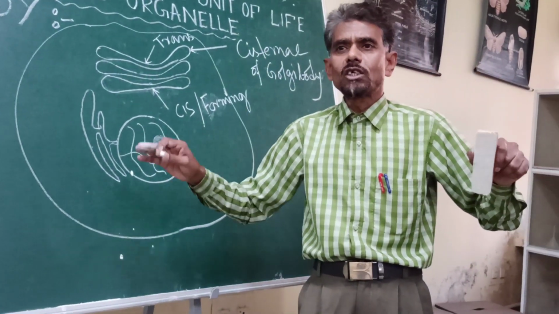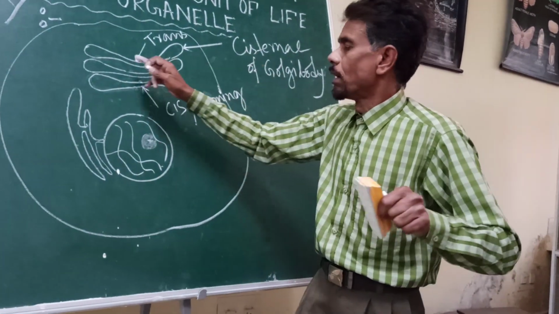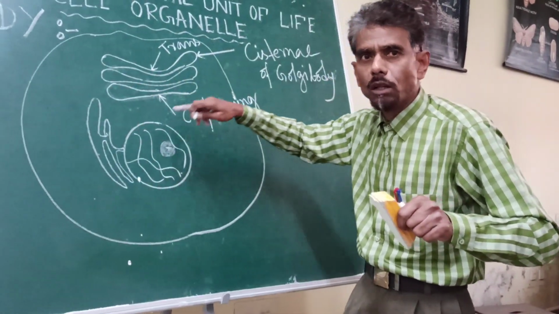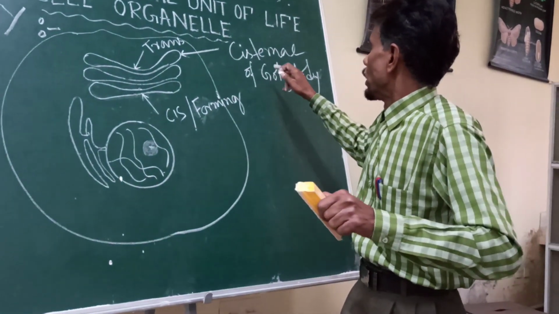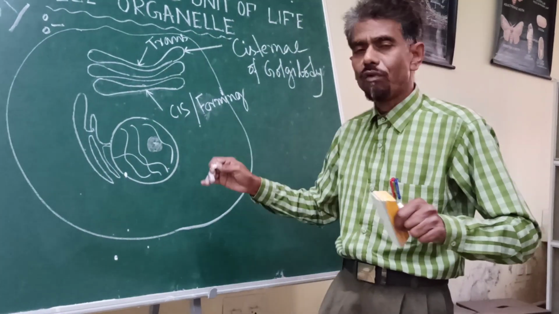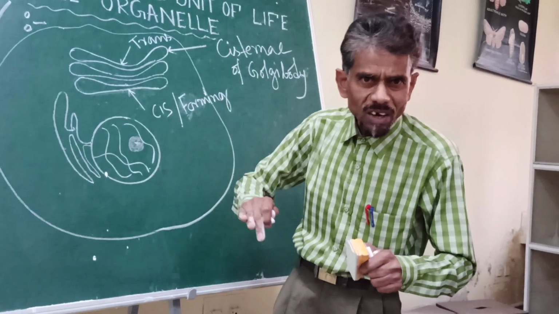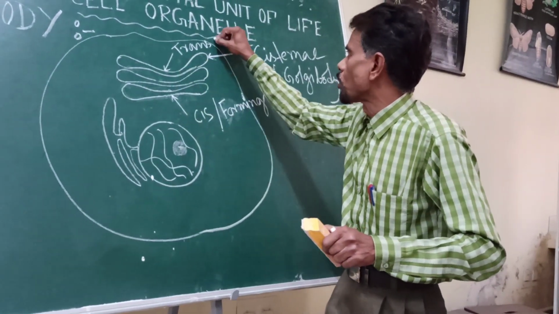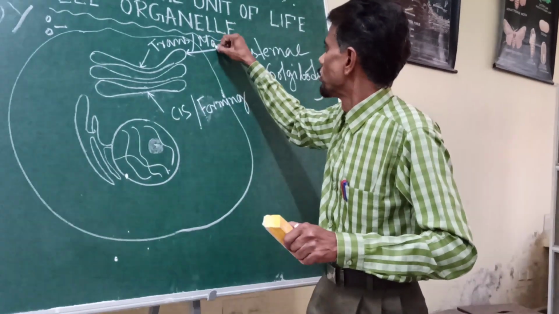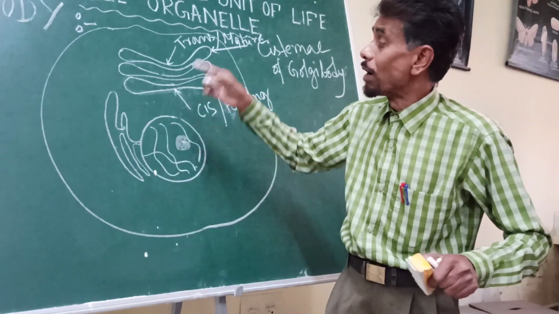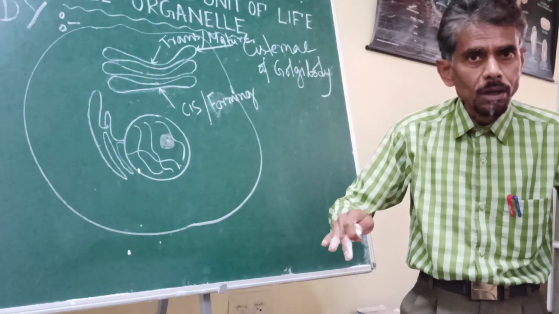So each such flat tubular structure which together comprises the Golgi complex is called a cisterna, having two phases. One is the forming phase called cis phase, and the other is the mature phase, otherwise called transphase.